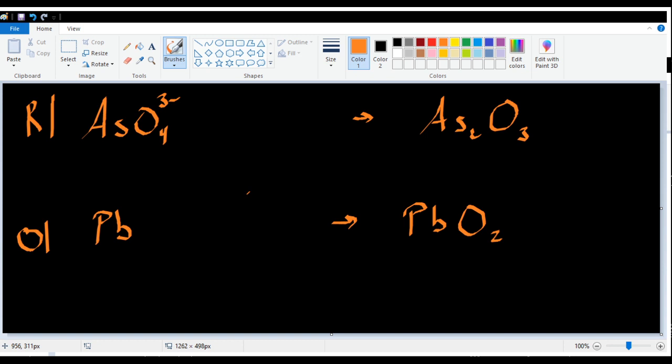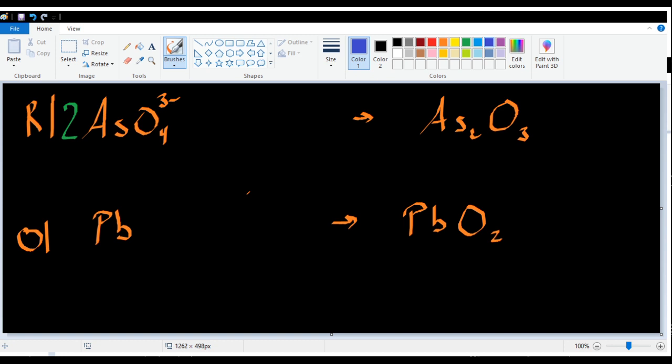All right, so now we balance everything except hydrogen and oxygen. So we have 1 arsenic on the left, 2 arsenics on the right. So we need a 2 there. 1 lead on the left, 1 lead on the right. We don't need to do anything to that. Now we need oxygen.